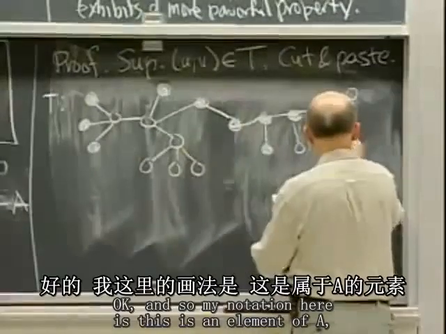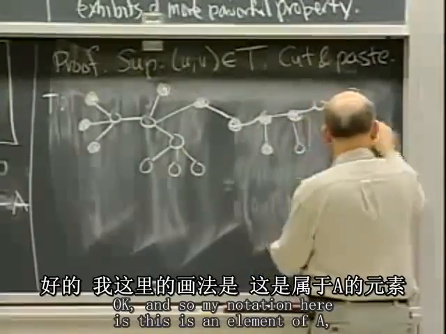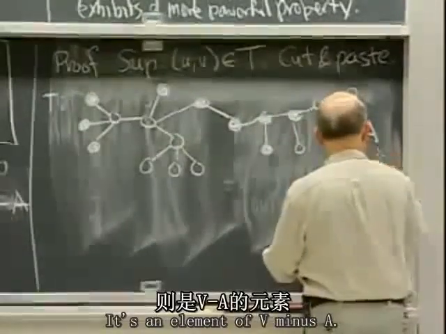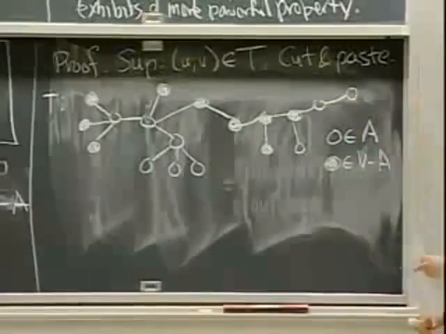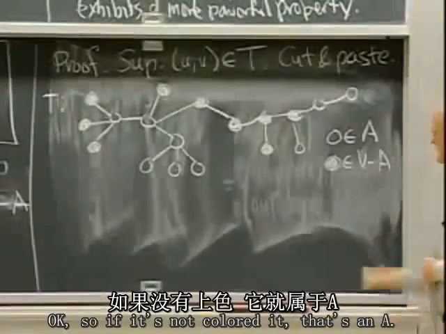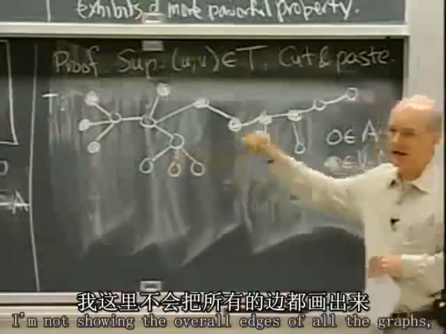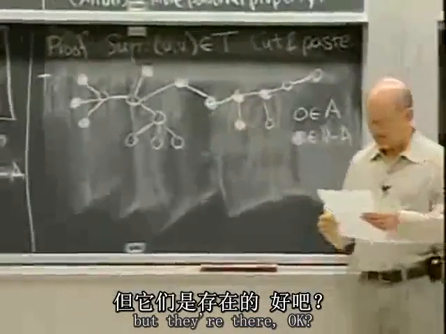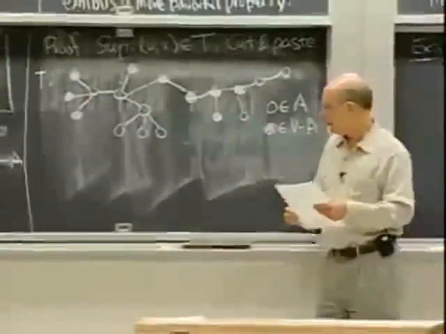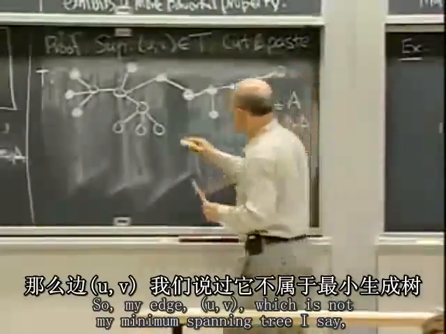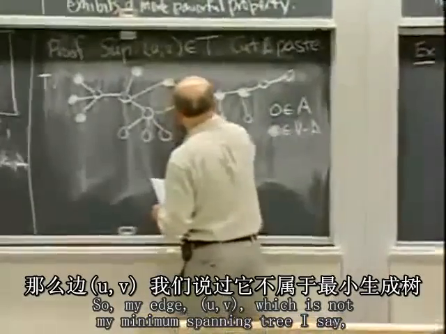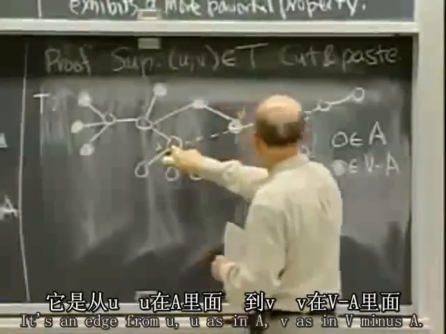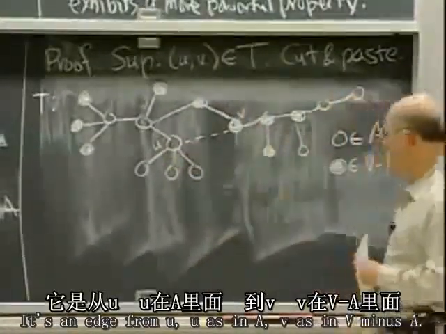My notation here is this is an element of A, and colored in is an element of V minus A. So it's not colored in, that's an A. This is my minimum spanning tree. Once again, I'm not showing the overall edges of the graph, but they're there. So my edge UV, which is not in my minimum spanning tree, let's say, is this edge here. It's an edge from U. U is in A. V is in V minus A.